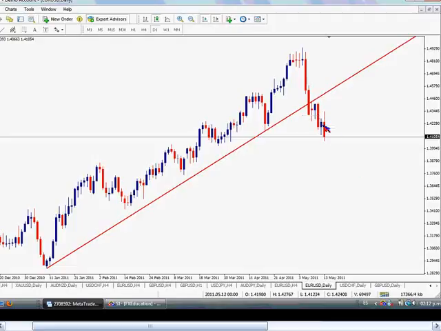So again, waiting for the pullback after confirmation that the trend line has been broken could make you lose the opportunity to get into the market, because maybe the trend will start developing strongly to the downside, right? While you're waiting for a pullback of 50 pips higher, the price will fall 300 pips, like in this particular trade.